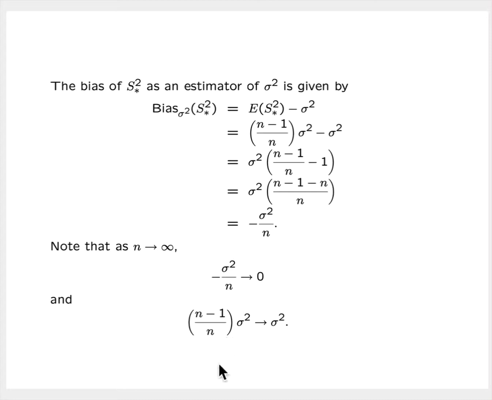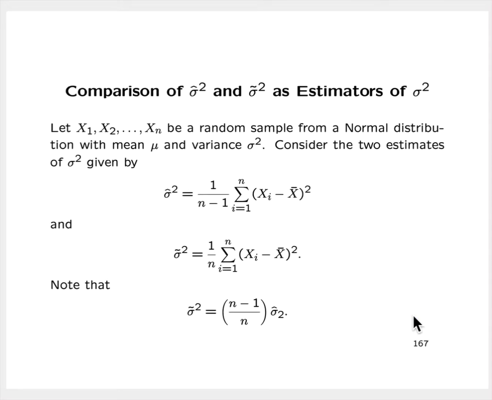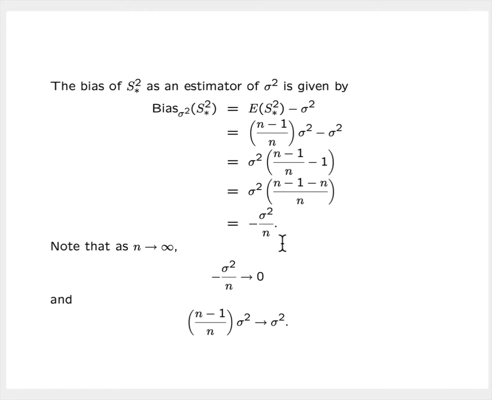And in addition, the mean of the sampling distribution of S star squared will converge to sigma squared. And so you see here that this problem of bias diminishes, becomes less of an issue as the sample size gets larger.